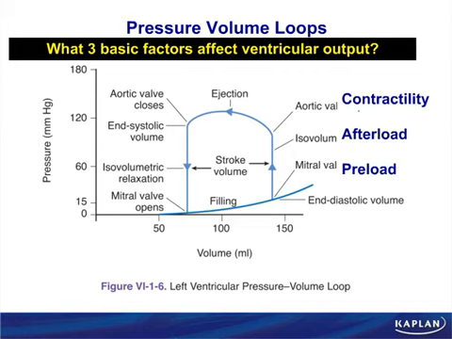Expect to be assessed on pressure volume loops as a way to describe ventricular function. And what I'm going to do is give you the shorthand here, the keys to look for: contractility, afterload, and preload.